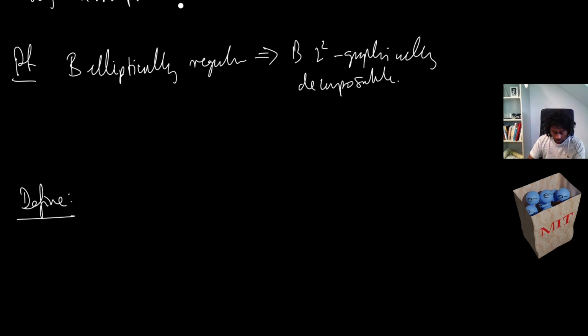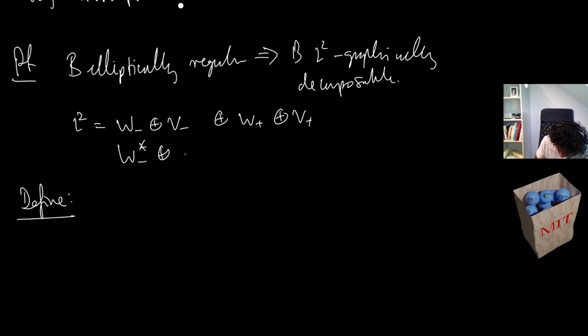Remember, we have L2 equal to W minus plus V minus plus W plus plus V plus. And then we can write this again as L2 equal to W plus star plus V plus star.